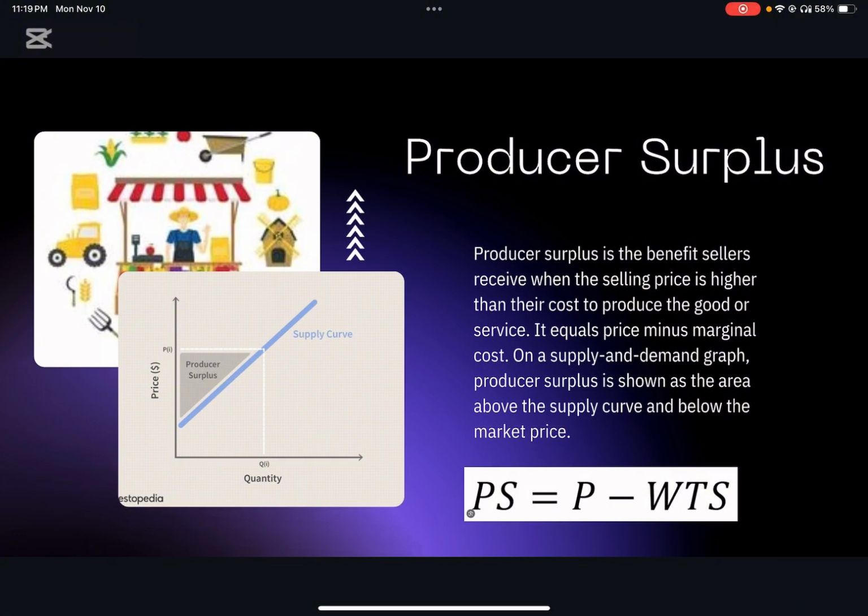On this supply and demand graph, this appears as the area between the price line and the supply curve. For example, if the market price is high, producers are motivated to sell more because each sale gives them a bigger surplus. It's an incentive to stay in the business and produce efficiently.